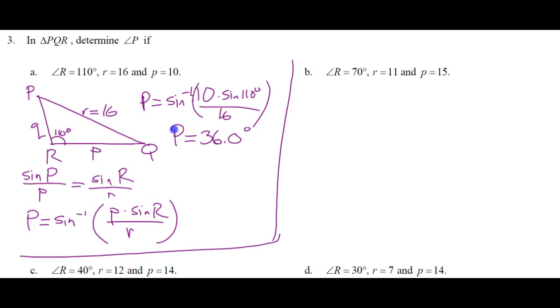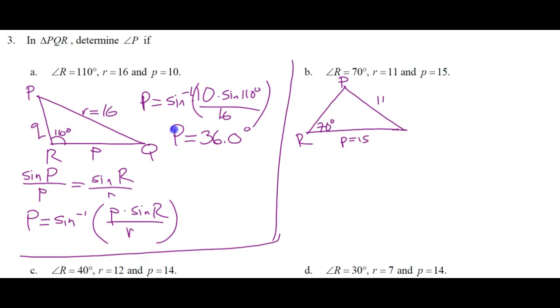Angle R is 70 degrees, little r is 11, and little p is 15. Okay, same deal. Well, this time I want a 70 degree angle, so we'll call this 70 degrees. There's R. R is 11. There's P, and little p is 15. What do I know about angle P? What can you tell me about angle P? Is it bigger than 70, smaller than 70, or equal to 70?